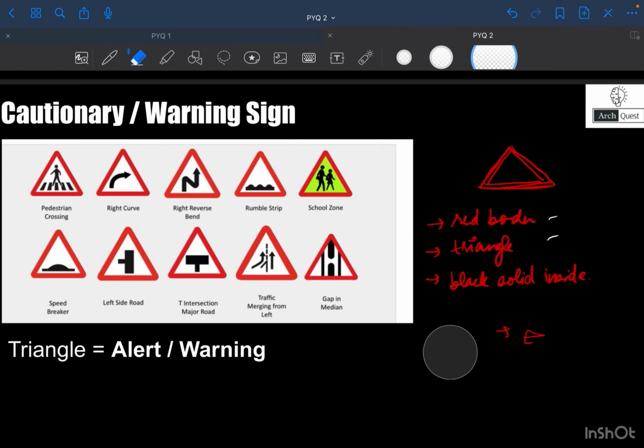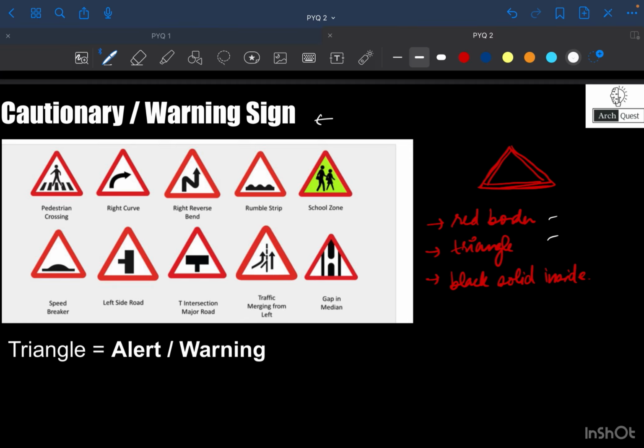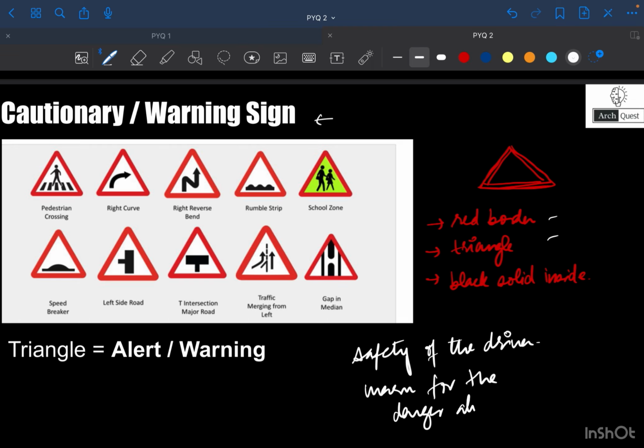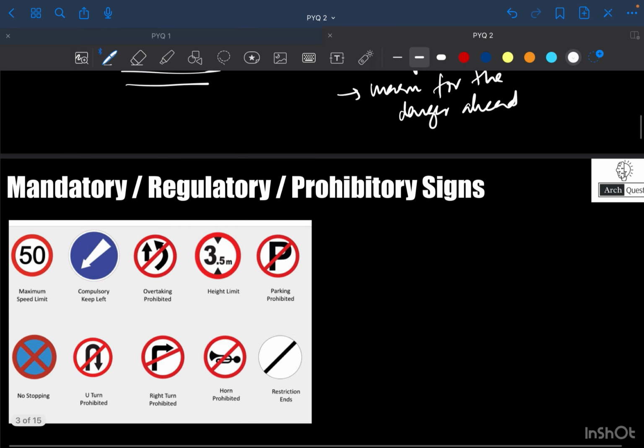Okay, so this is warning signs for the danger which is coming ahead, and in this we look at the safety of the driver. We warn them for the danger ahead. Okay, alert, warning, done, clean.